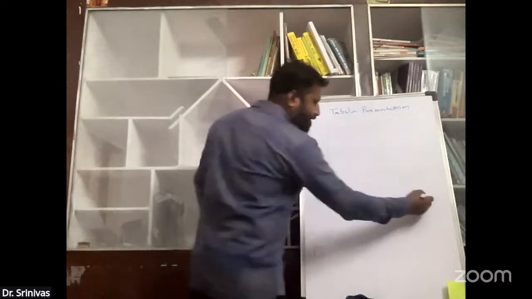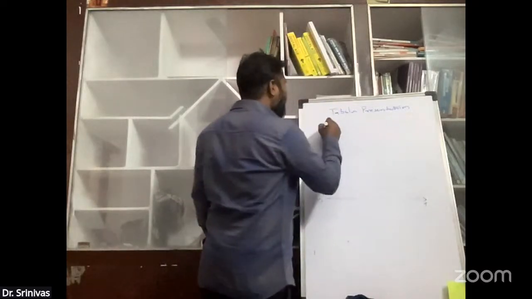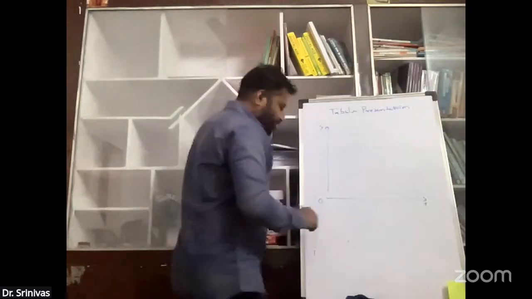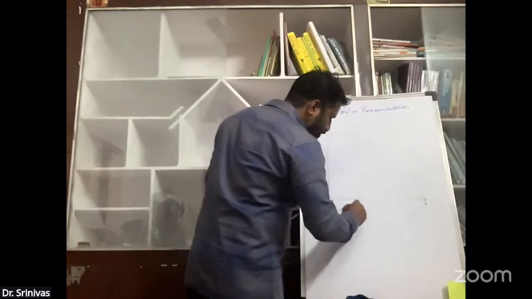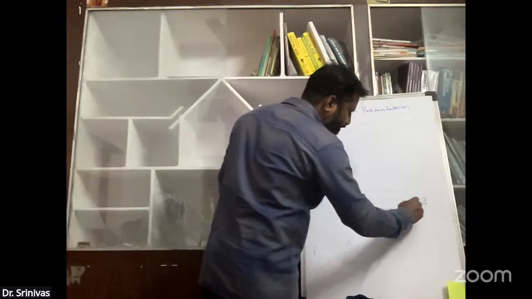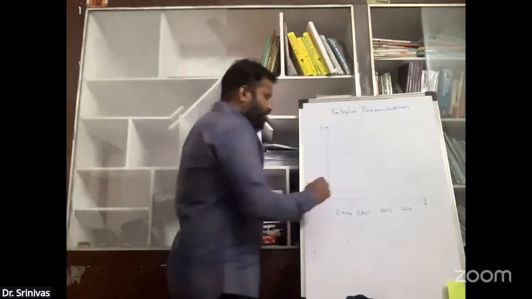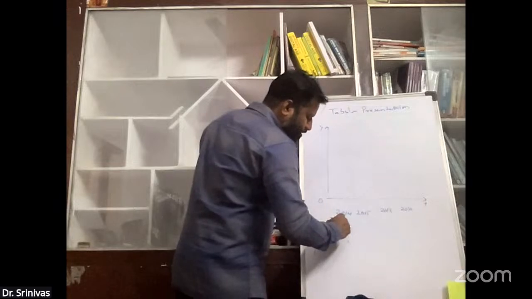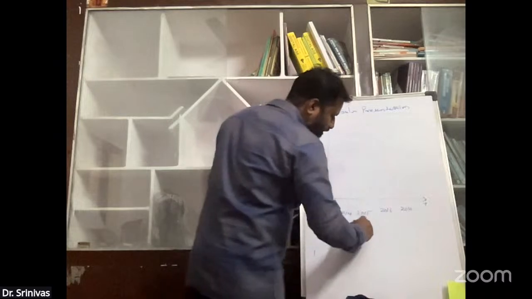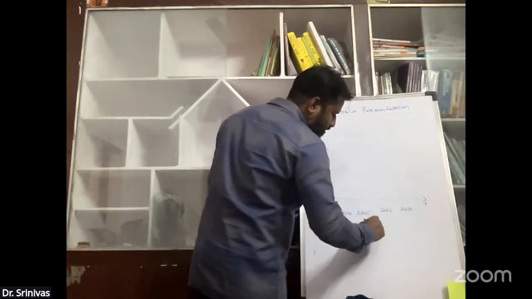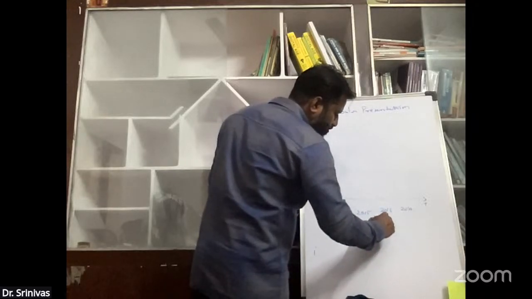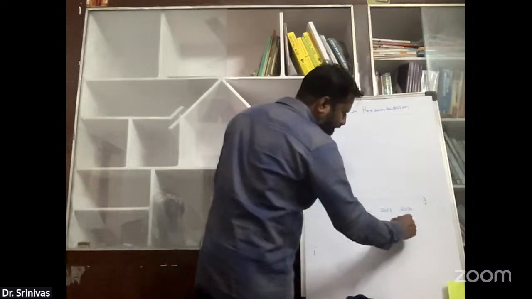So, for example, this is the x-axis. This is the y-axis. 2014, 2015, 2016, 2017 data is there, from 2000 units, 3000 units, 3,500 units, 3,800 units.